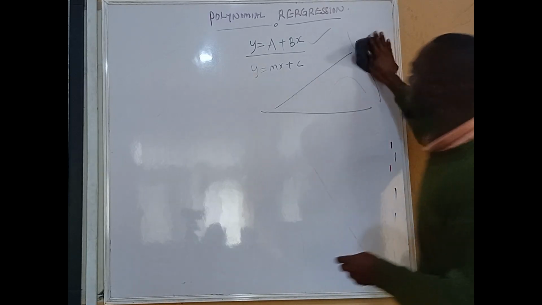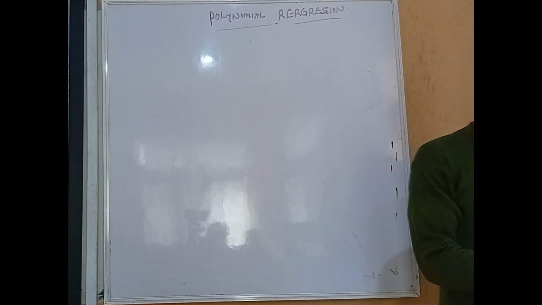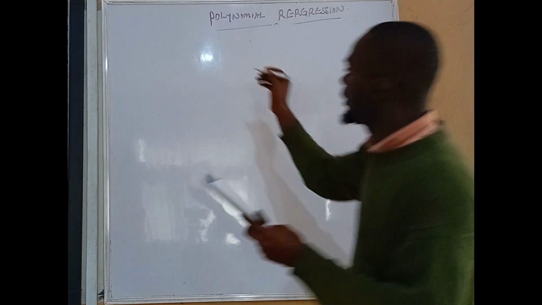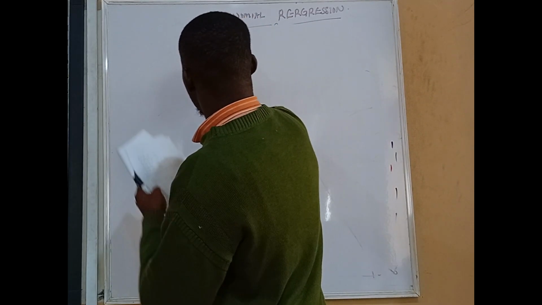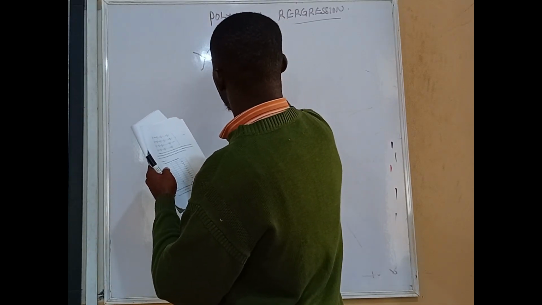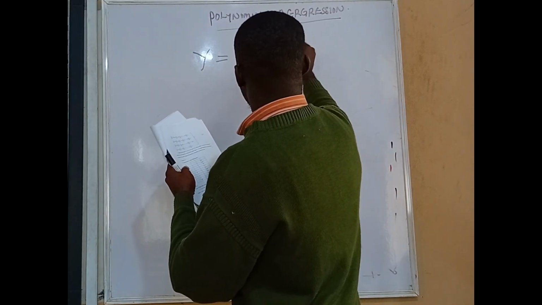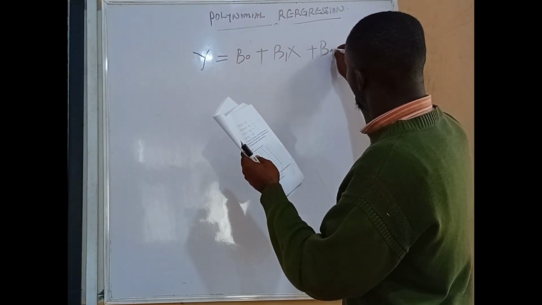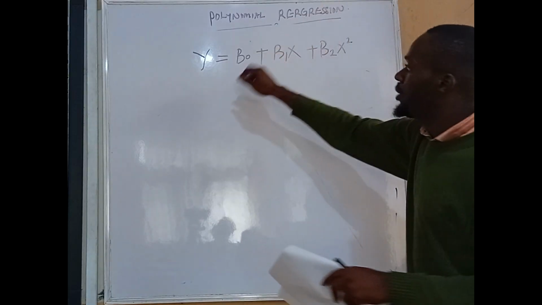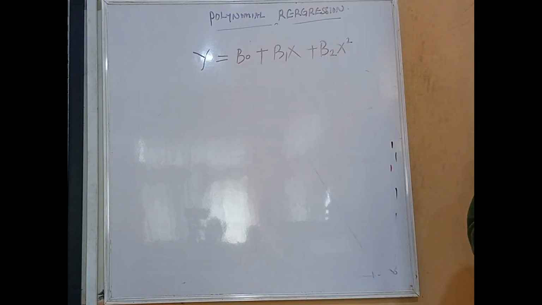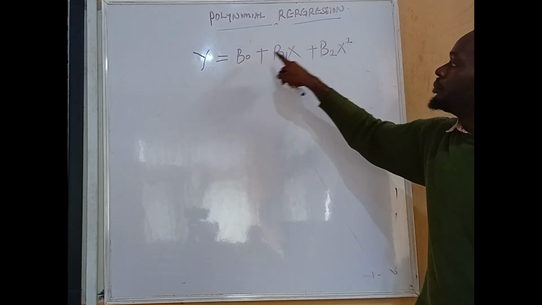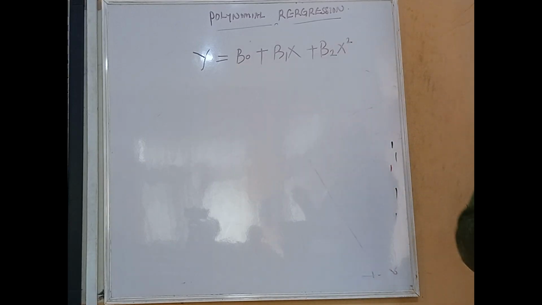So in this case, the equation is going to look like this: the dependent variable y will be equal to b naught plus b1x plus b2x squared, where y is the dependent variable, x is the independent variable, and b naught, b1 and b2 are the estimators.